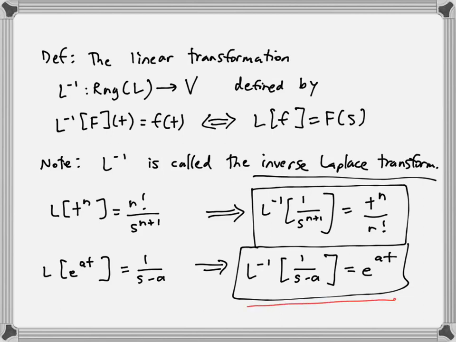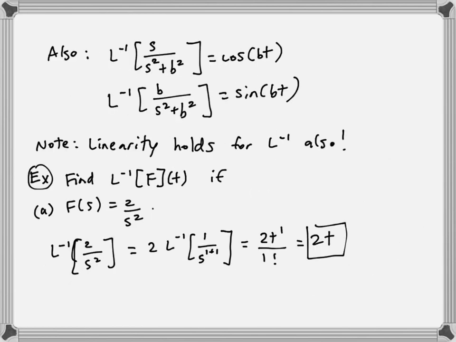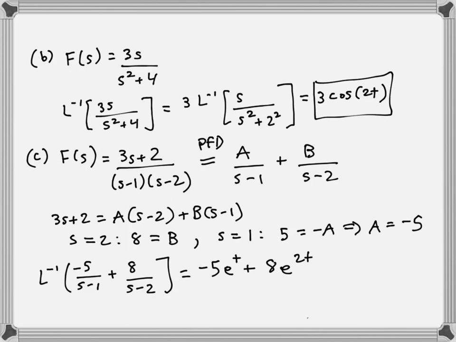We use this formula for different a's in this last problem. So just showing you what occurs when you actually find these things. You're going to need to split these up, sometimes using partial fractions, so that we can get some pieces that we recognize.